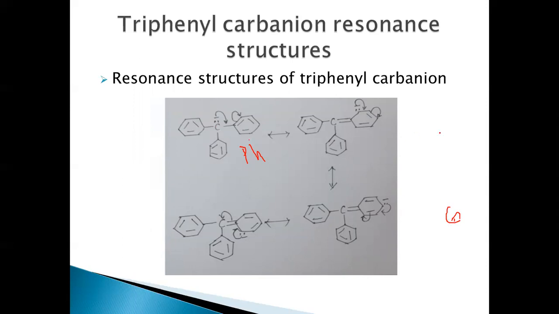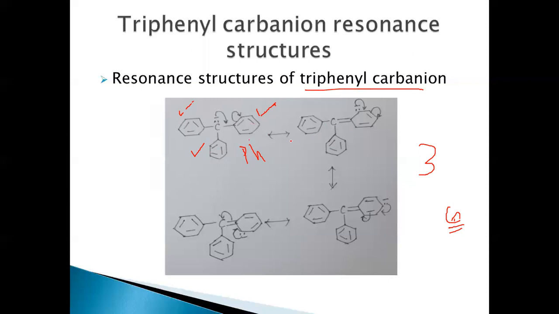Three structures are shown here, and six more are possible if only this phenyl ring is participating in these particular canonical forms. If the other two phenyl rings are also participating, six more canonical forms are there. So many resonance structures are possible for the triphenyl carbanion.